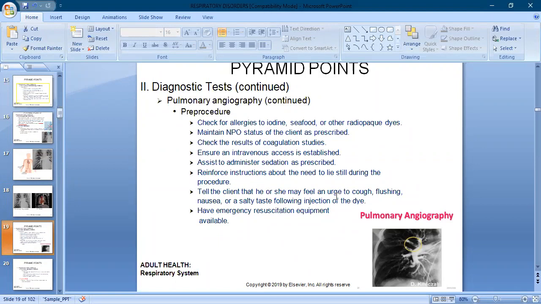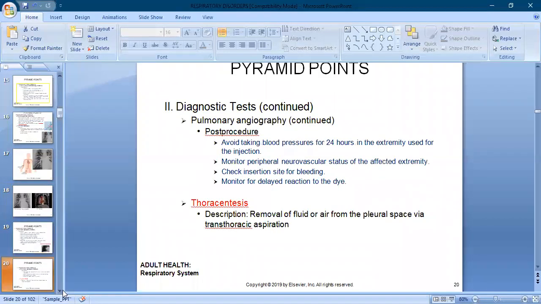So you have to know how to control and not to be stressed. Also have the emergency resuscitation equipment there. Oxygen should be there. A suctioning machine should be there. If any complications start, we should manage them.